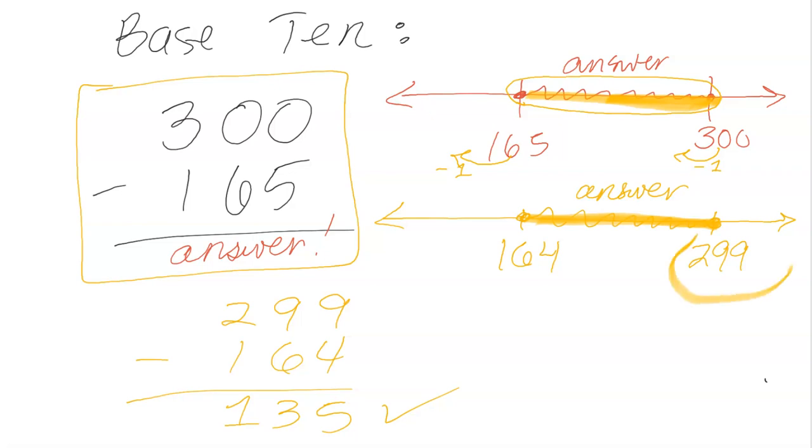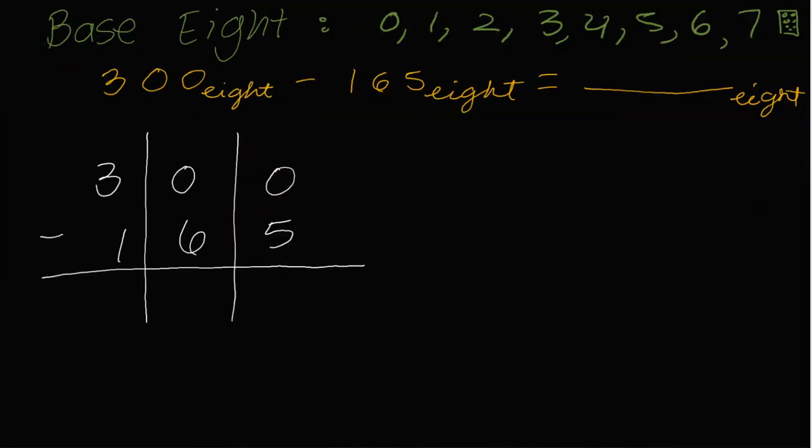Why did I go backward once? Because the highest numeral that you could write in base 10 is 9, right? And 9 would be the most that you could have in terms of how many dots there are if you think about your place value chart. So if I had 9, I can always take away pretty much anything below there. So if we were to go back to our problem here, this right here said 300, and we are in base 8.